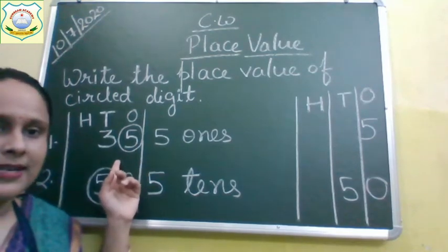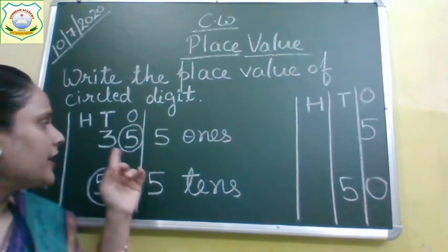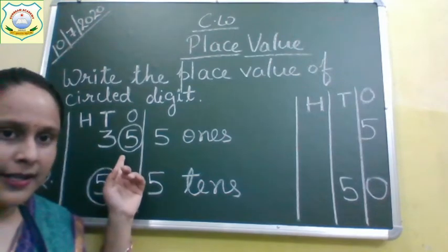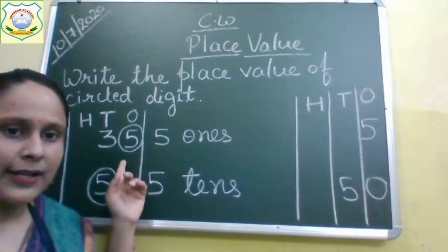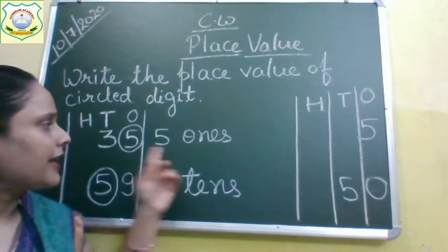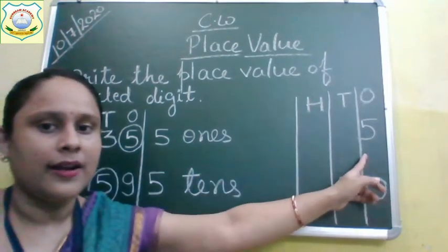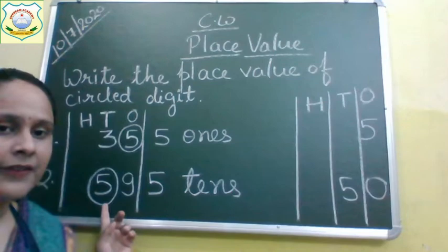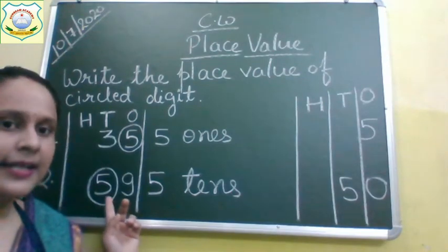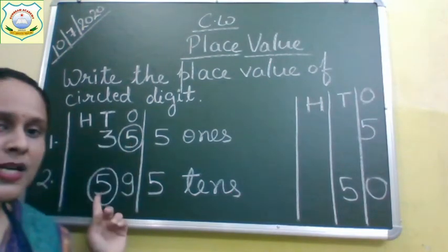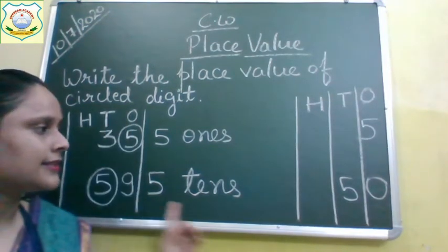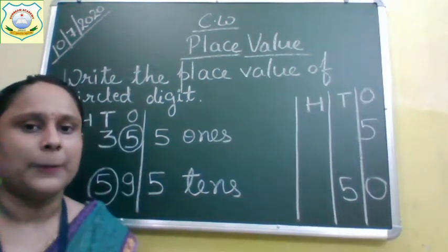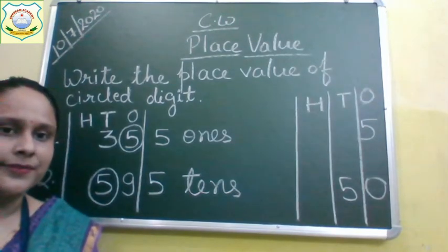The first question is 35. 5 is the circle number, 5 is in the ones place, so the place value of 5 is 5 ones or 5. In the next, 5 is the circle number. It is in the tens place. So the place value of 5 is 5 tens or 50. Write down, children.